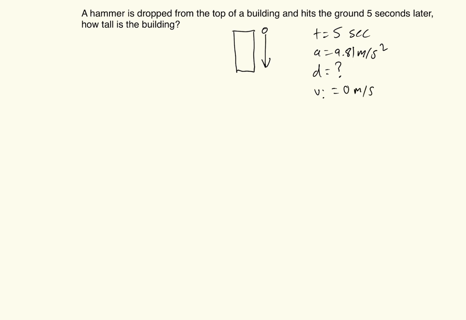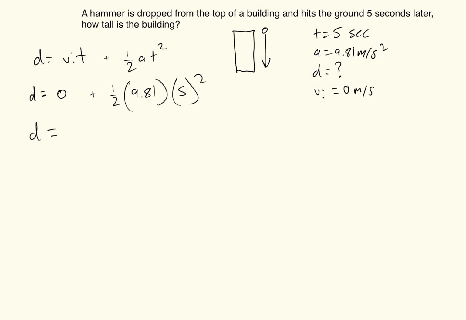So to do this problem, we use the formula D is equal to Vi times T plus 1/2 AT squared, plus 1/2 acceleration times time squared. So D is equal to 0 because initial velocity is 0, plus 1/2 times 9.81 times 5 squared.